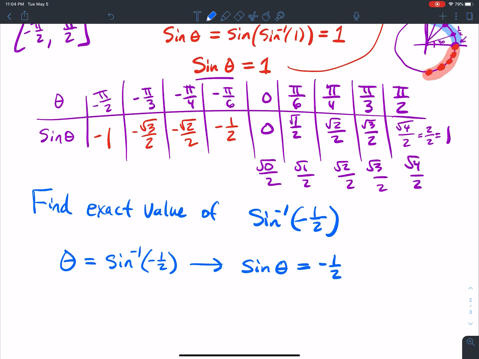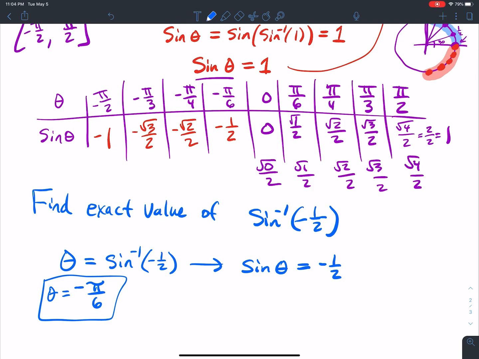Well, what do I plug in to get negative 1/2 here? Looks like I plug in negative pi over 6. Bingo. All right. So theta is equal to negative pi over 6.